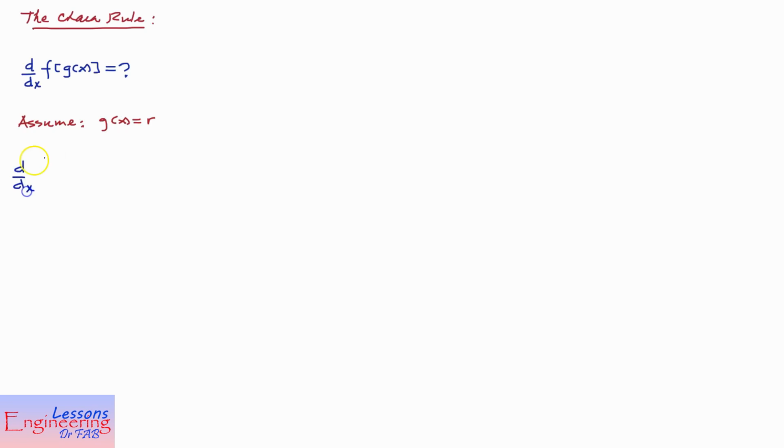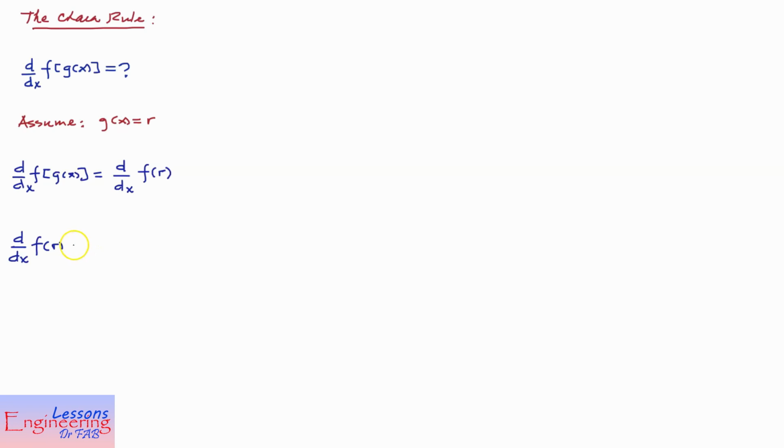d by dx of f of g of x now equals d by dx of f of simply r. Now we have d by dx of f of r.